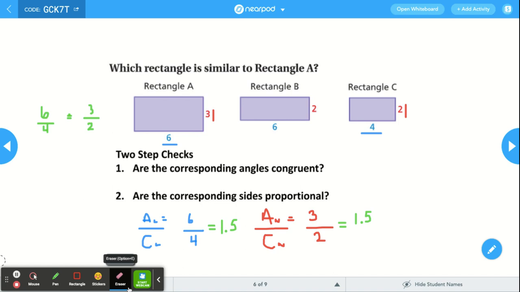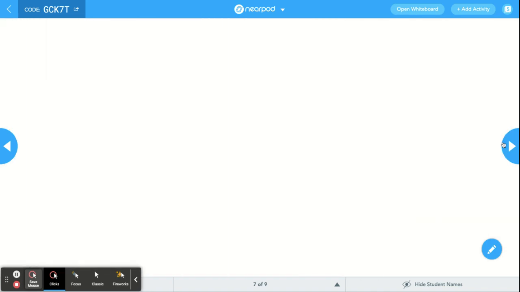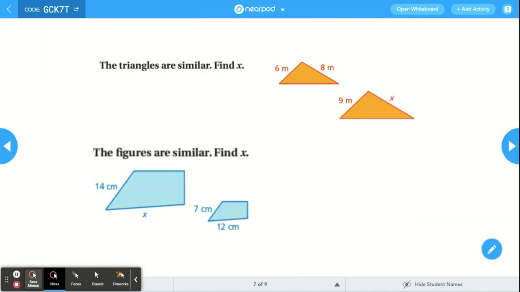So that's proportional. That means rectangle A and rectangle C are similar. All right, let's move on to our next slide.